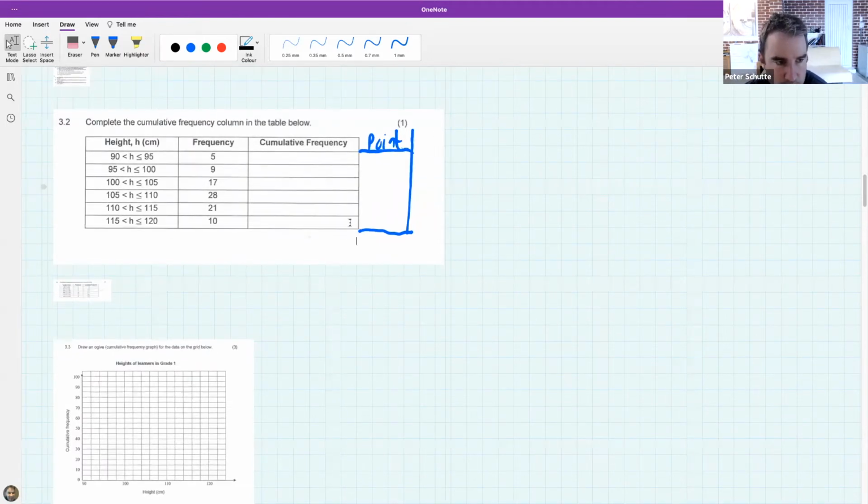So once you've completed the table, just say in the chat, table done. And then I know that you've done the table. And you can then move on to actually drawing the ogive of this particular grouped data set. This story is about people's height in a particular class. So the intervals are intervals of height.